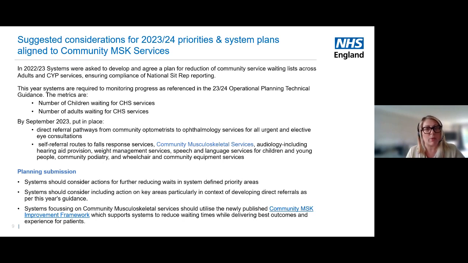This year, systems are being asked to monitor that progress in terms of reduction, and the technical guidance is very clear around submission of data in terms of numbers of children and adults waiting for community services.